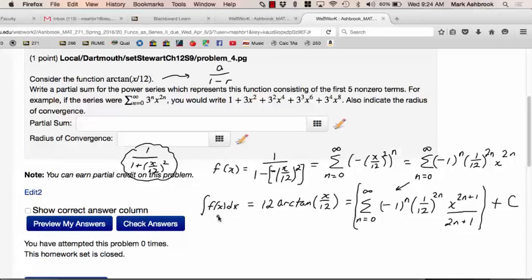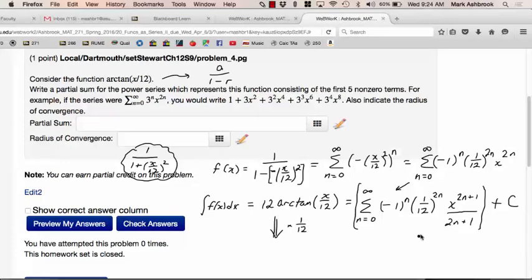Okay, so now, is this series the series we want for arctan of x over 12? No, this is 12 times arctangent of x over 12. So to get arctangent of x over 12, what are we going to do? Multiply by a 12th or divide by 12.